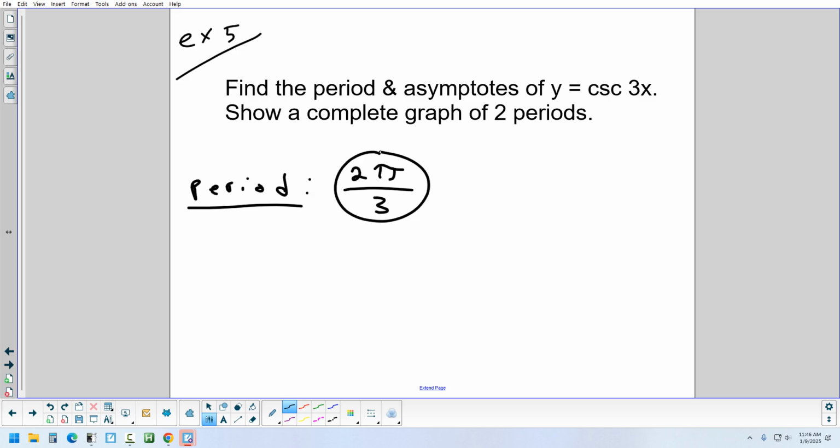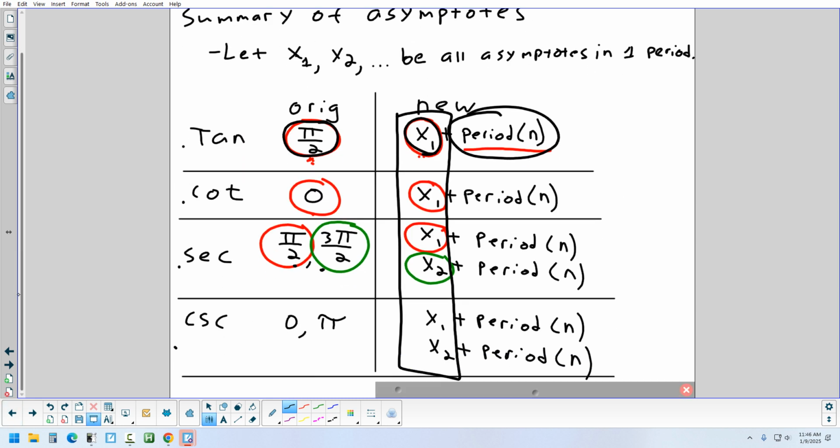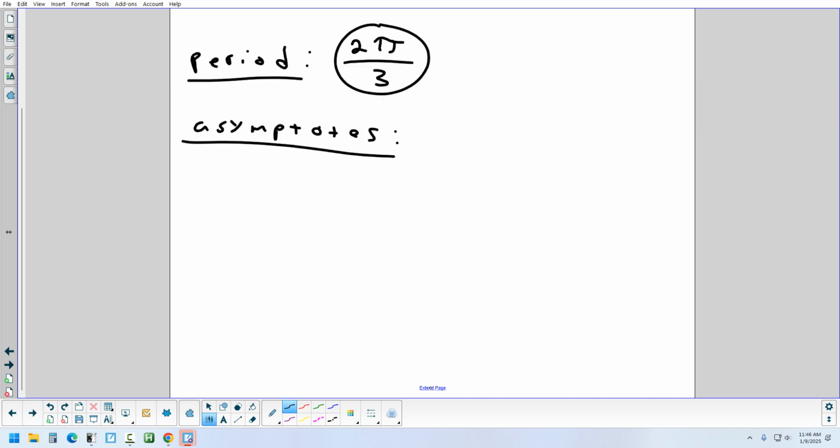Okay. Now, the asymptotes. First thing I need are the 2 original asymptotes for cosecant. 0 and pi. Okay. So over here, I'm just going to put the originals. That's not the answer they want.